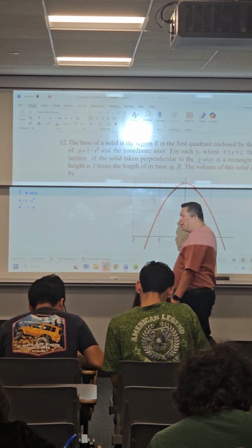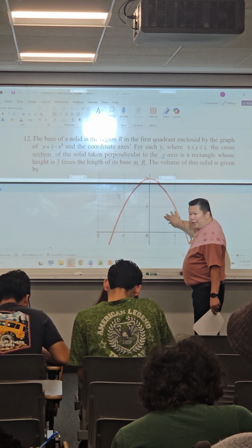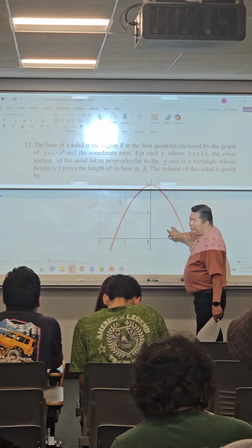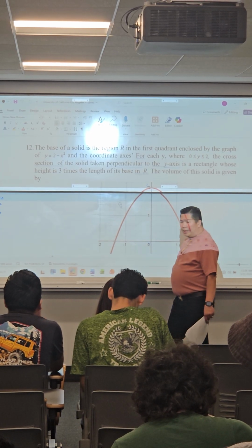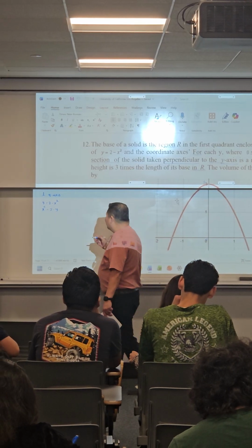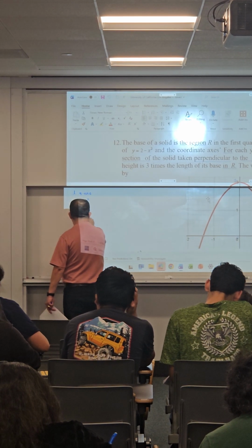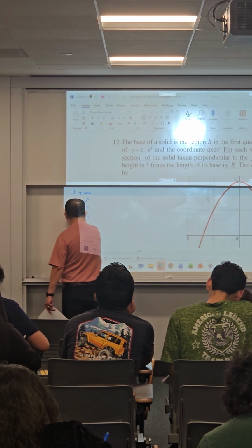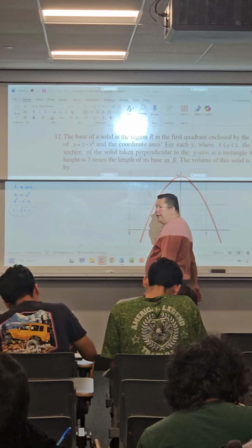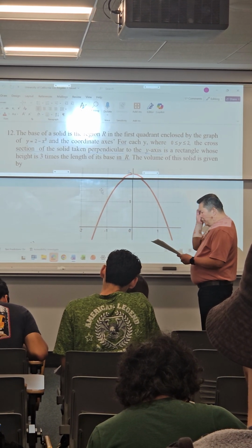Now, since the problem is on the first quadrant, if you take the square root, it would be plus and minus, right? But do we have to put plus and minus? It's on the first quadrant, so just plus. Do I have to write positive? No need. Okay, very good. So x therefore is equal to the square root of 2 minus y. That's our x, right? Square root of 2 minus y.